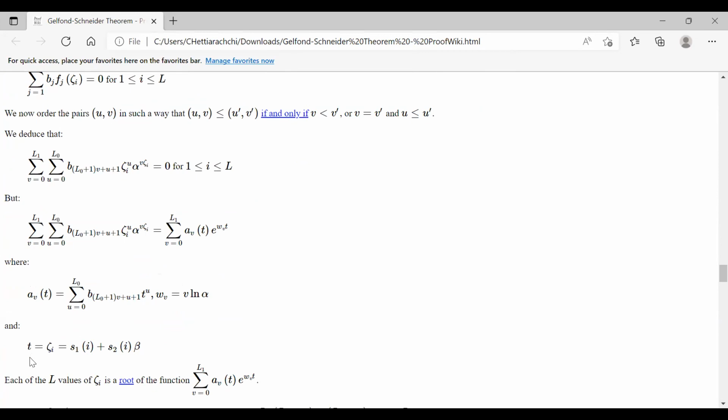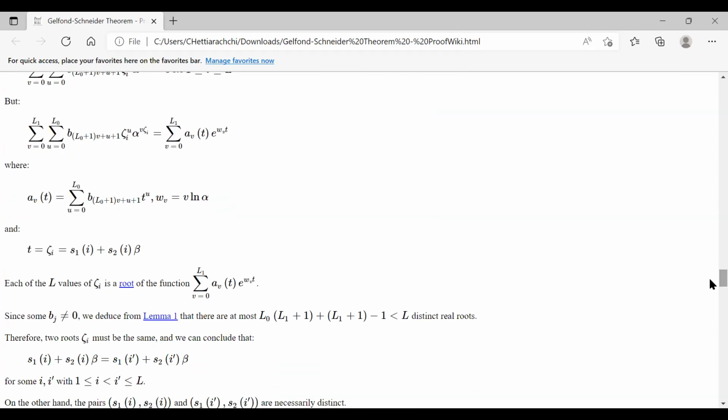And then your t will be zeta_i, which is going to be s_1i plus s_2i beta. So we define A_v(t) by rewriting this double summation as the sum from v = 0 to L1 of A_v(t) e to the w_v t.